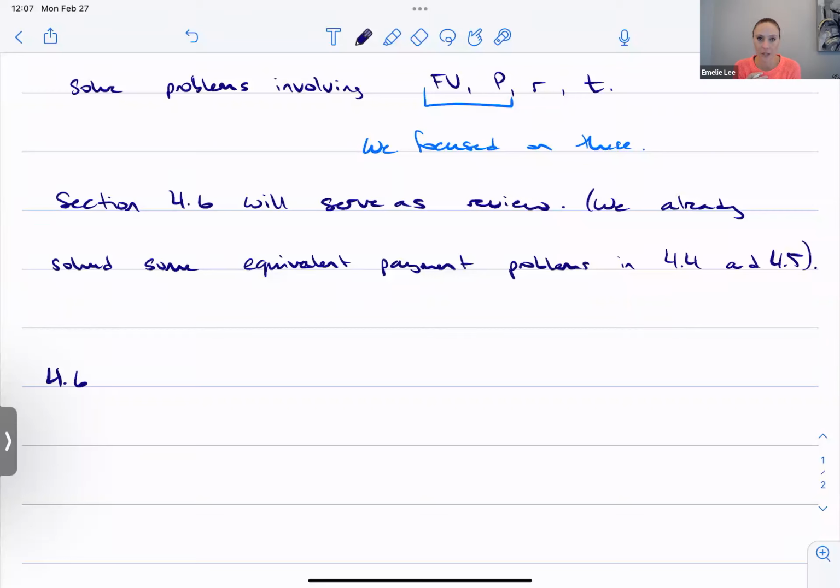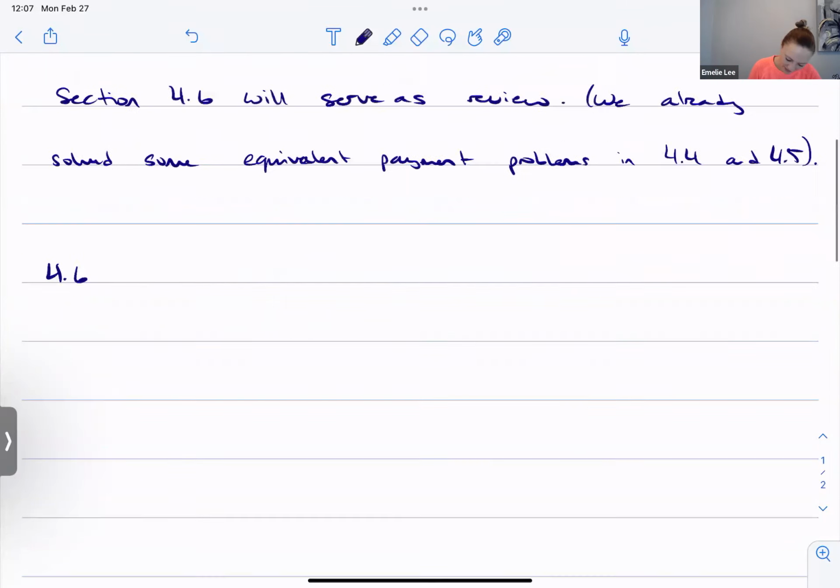It's going to be a little bit more complicated than simple interest, which is what we're doing now. But the ideas of solving these problems stay the same. So we're going to use these concepts in chapter 5, in chapter 6, in chapter 7, and chapter 8. So we are going to get really comfortable with it, but we're just warming up, right?